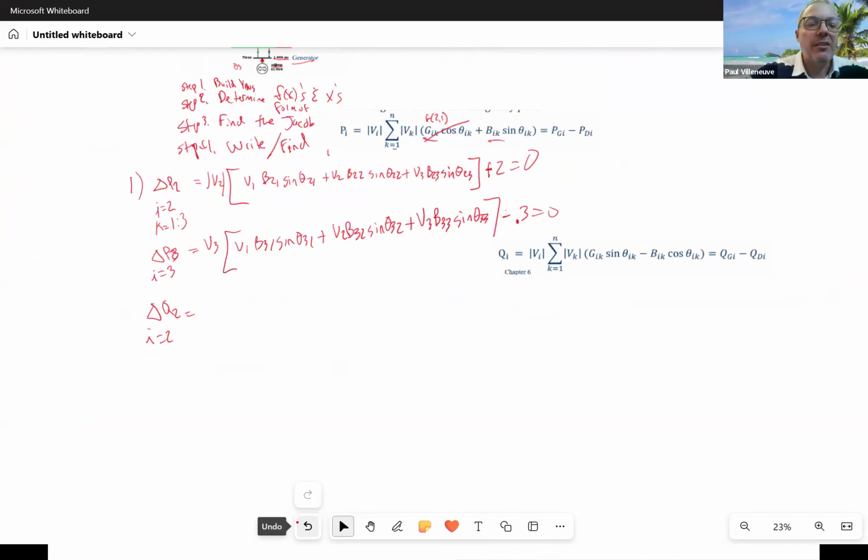So now this is V2. Now I go in my summing junction, V1. Again, no GIs, so those are all 0, so I can ignore those. So I have minus B21 cosine theta 21. That's it for K equal to 1. Now do K equal 2.